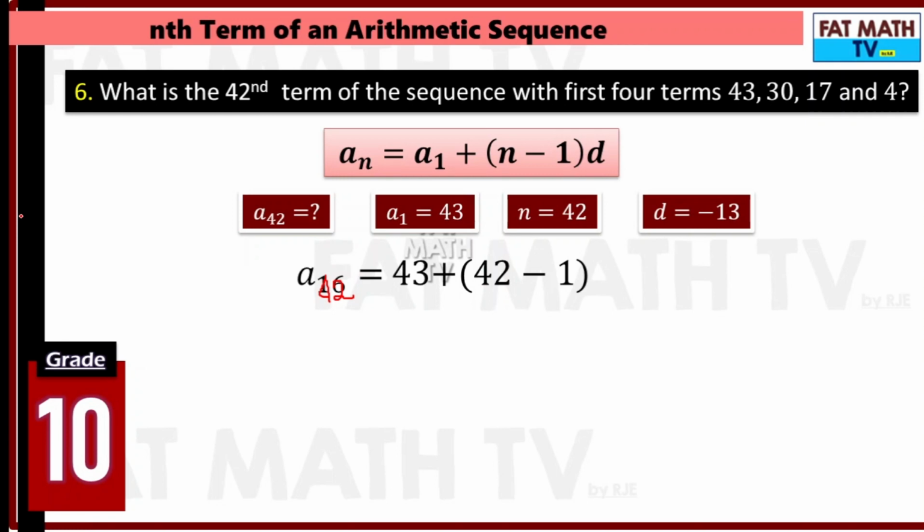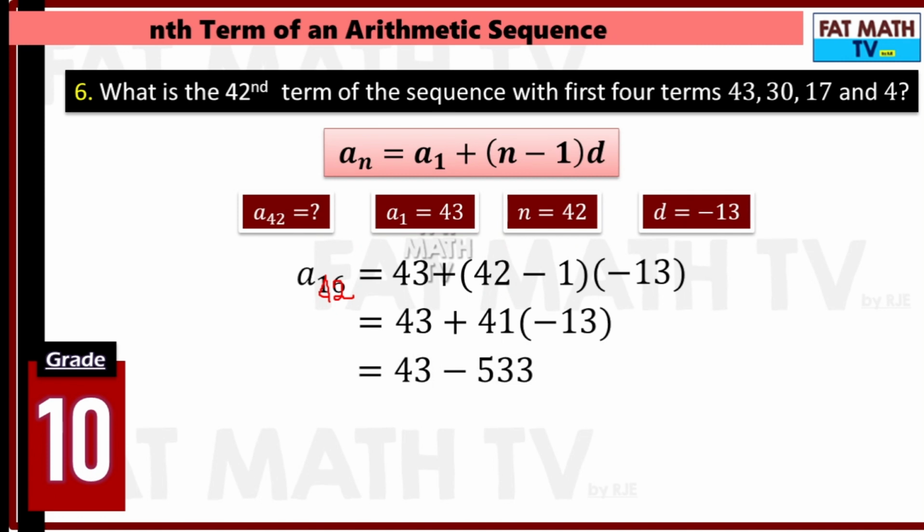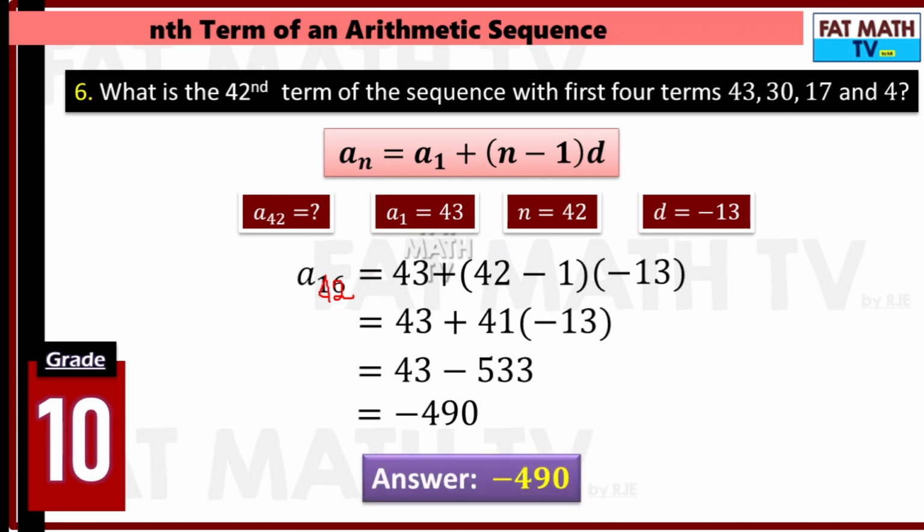A sub 42 equals 43, first term, plus 42 minus 1 times d. 42 minus 1 is 41. 41 times negative 13 is negative 533. 43 minus 533 is negative 490. So the 42nd term is negative 490.